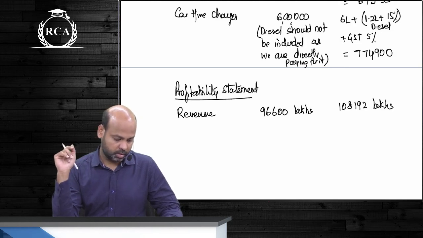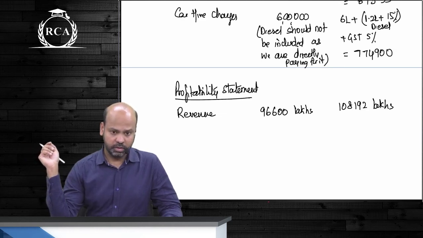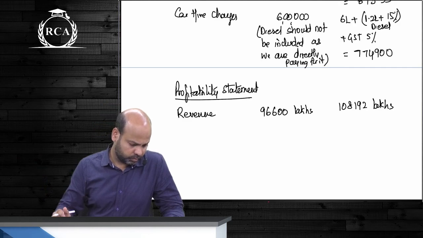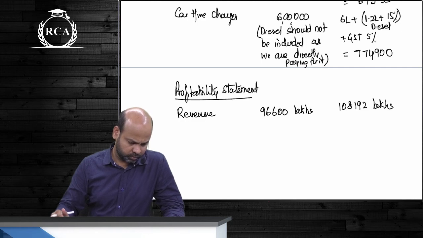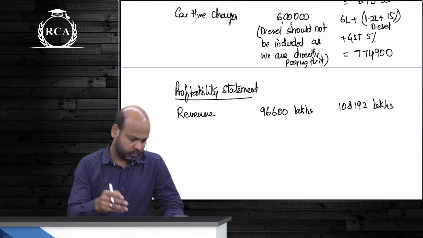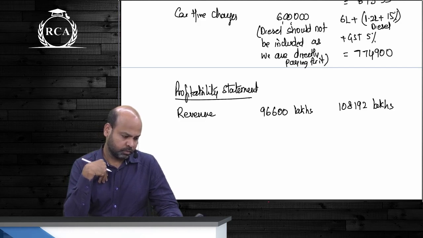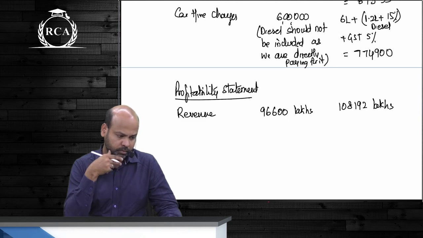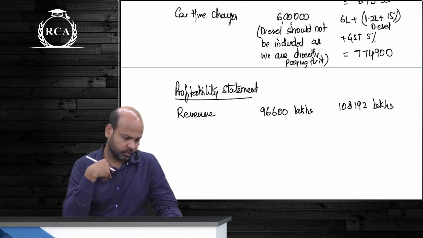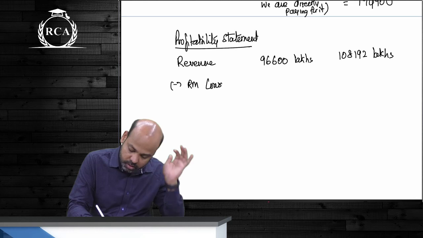Correct है. This year if it is 96,600 then next year it cannot be 10,000 no. Minus raw material consumed guys, मस्ती मत करो बेटा.